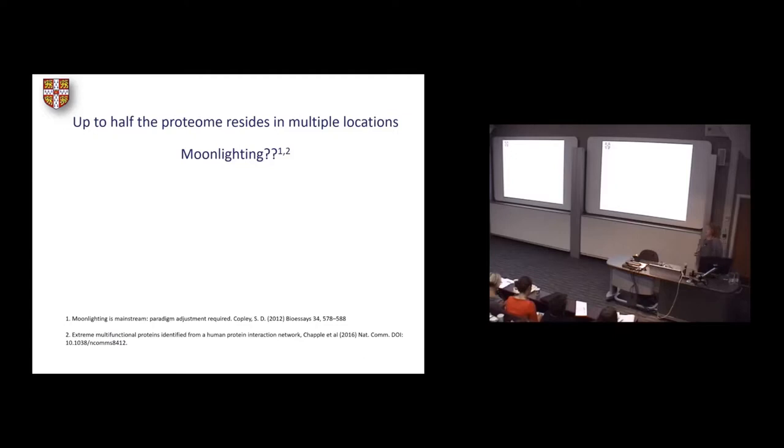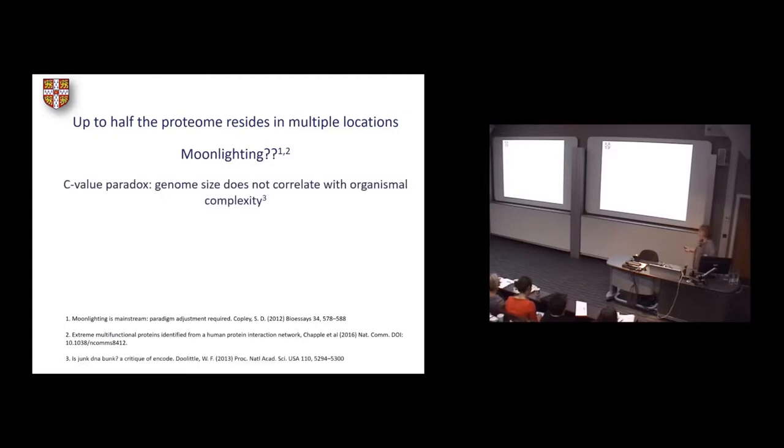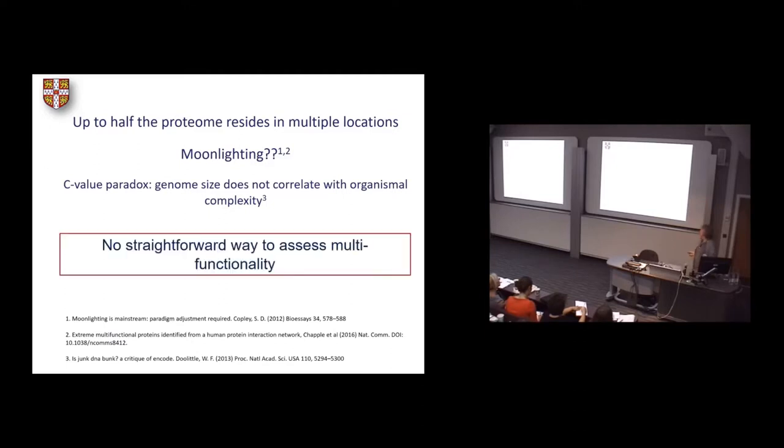So what I mean by that is that proteins, depending where they are, who they're binding to, and what their structure is, may have a completely different function. And this goes back to the C-value paradox, which has been around for a while now, which is basically saying that as we've evolved, the size of our genome has not evolved to keep up with the amount of complexity which is involved in higher organisms.